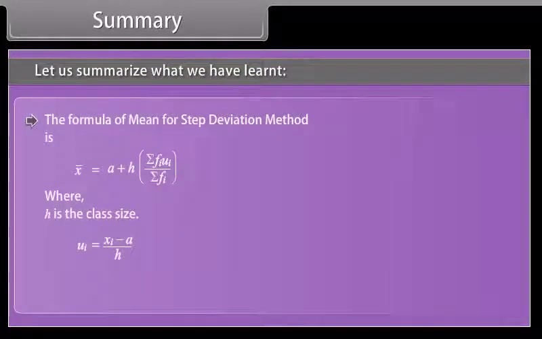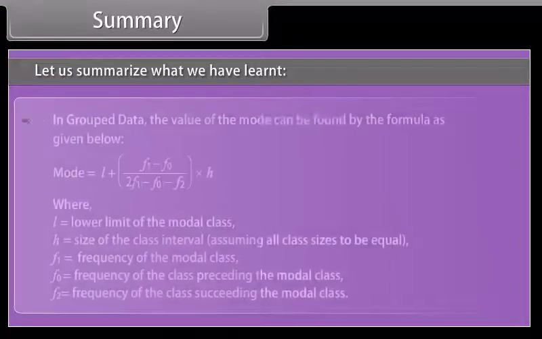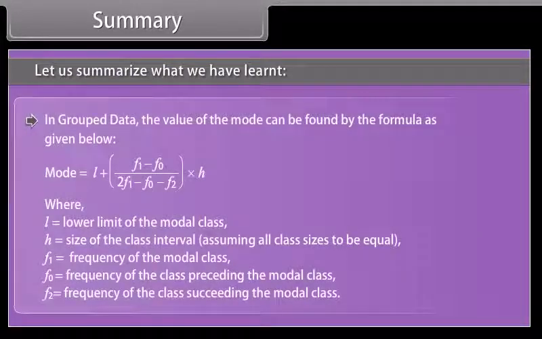The formula of mean for step deviation method is assumed mean plus h multiplied by summation of the product of fi and ui divided by summation of fi, where h is the class size, and ui equals xi minus a divided by h. In grouped data, the value of the mode can be found by the formula as given.